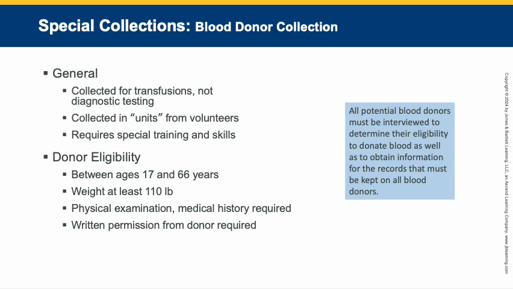Another thing that it does not tell you in this slide, but you do need to know, is that only one needle puncture can be used to fill 1 unit of blood. If the unit is only partially full, and say that vein is starting to blow or it's not coming out anymore, and they've got to stick the patient again, then you can't put the blood from the second stick in the same bag.